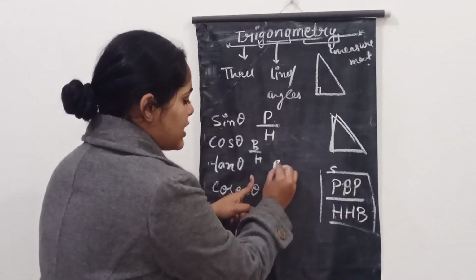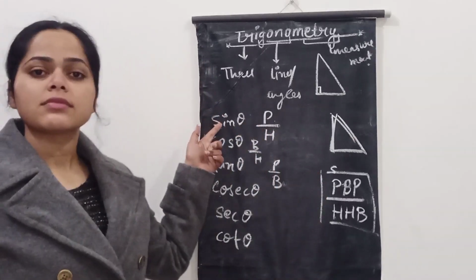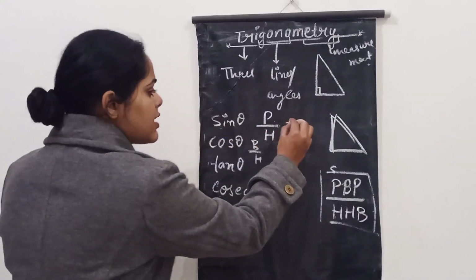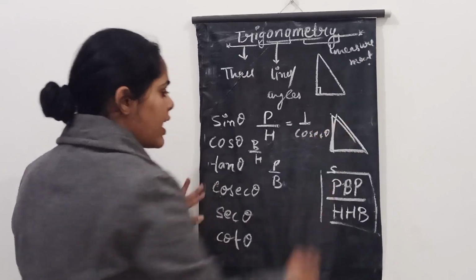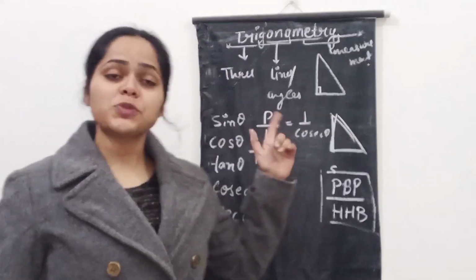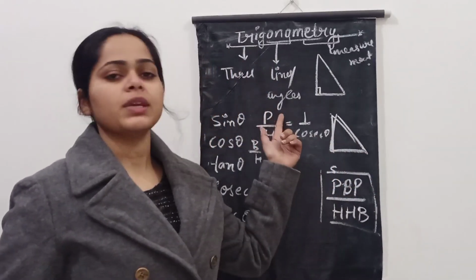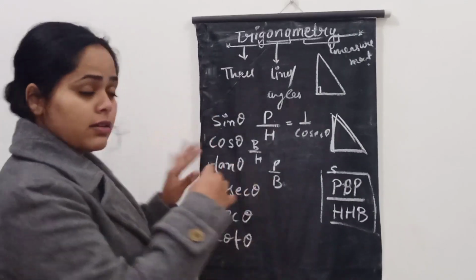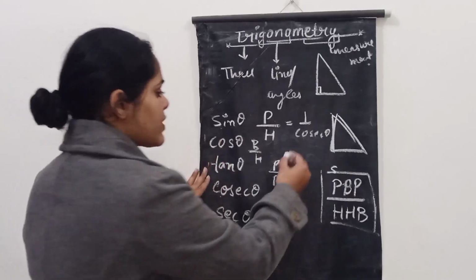Sine is the reciprocal of cosec. That means 1 upon cosec theta is sine theta. Similarly, if sine is P upon H, then cosec becomes H upon P. The reciprocal of cos is sec.